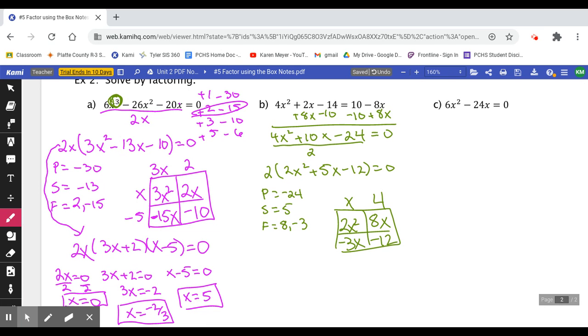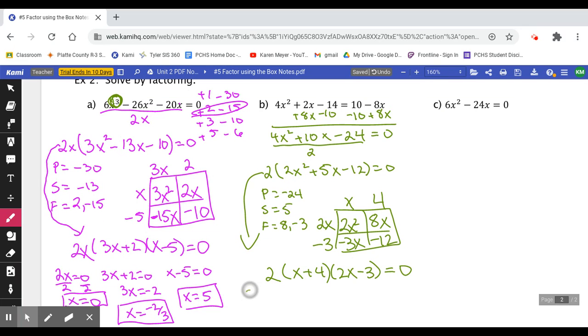Sideways, both numbers are divisible by 2, and they each have an x. Sideways, oh, can't start with a negative, so take a negative out, and then both numbers are divisible by 3. So x plus 4 and 2x minus 3. Don't forget your GCF. Bring that down. Put it in front.